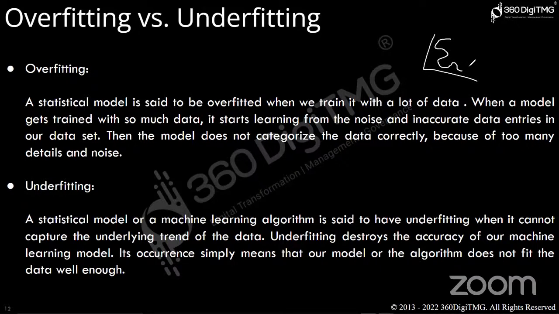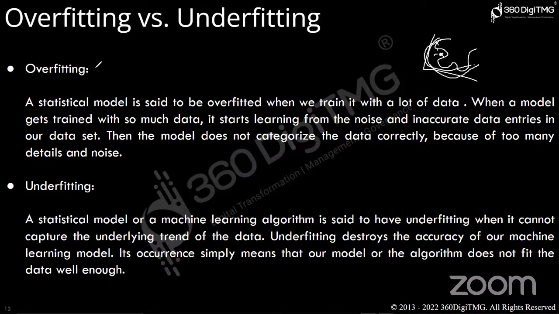So in generalization, it will do something like this. If data is present here, if we had used a simple curved line equation, we could have gotten this. But because we did it like this, this point will be categorized outside of this category.